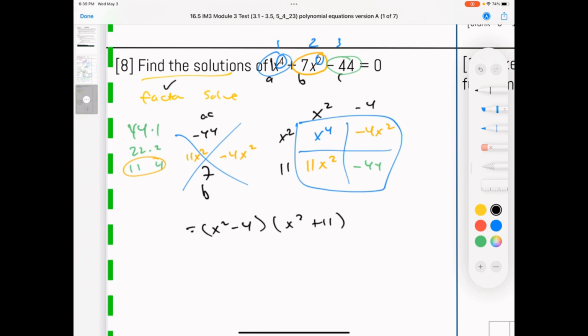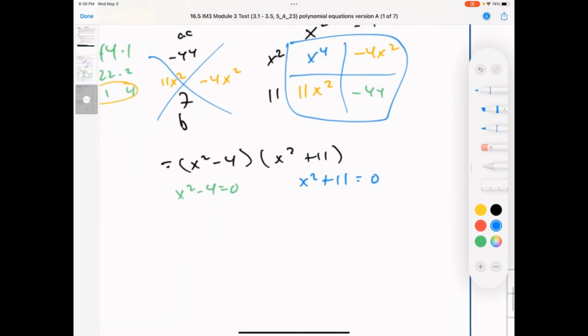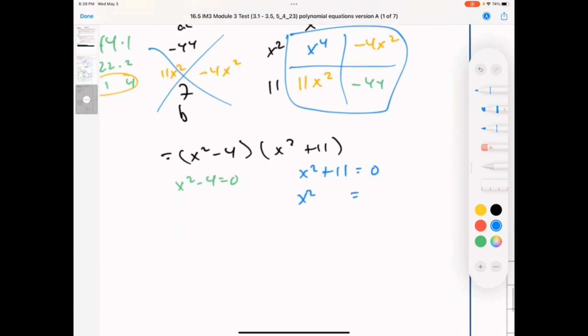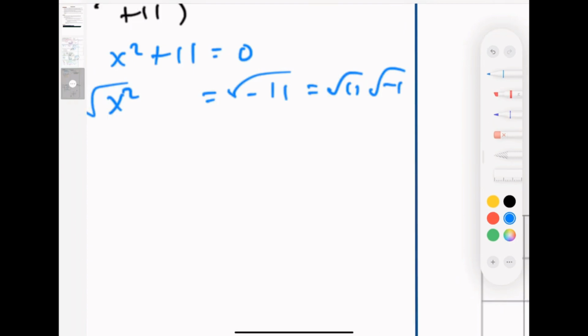Okay, so we factored, and now we're going to solve. Setting each of those equal to 0. So this one over here, subtract 11. All right, so I broke up the square root of negative 11 to the square root of 11 and the square root of negative 1. Remember, the square root of negative 1 is equal to i.